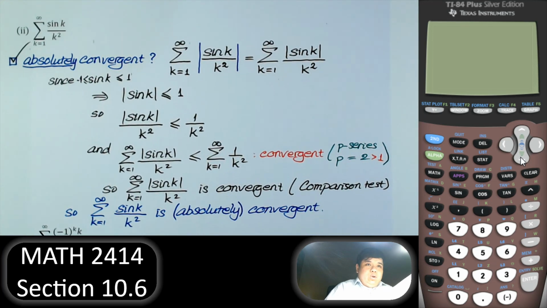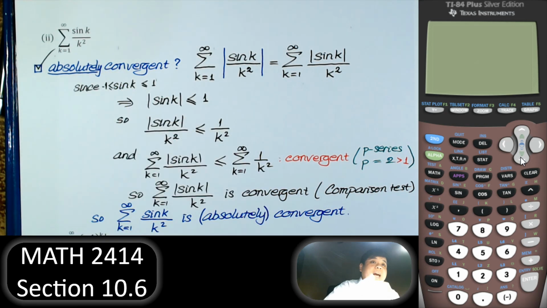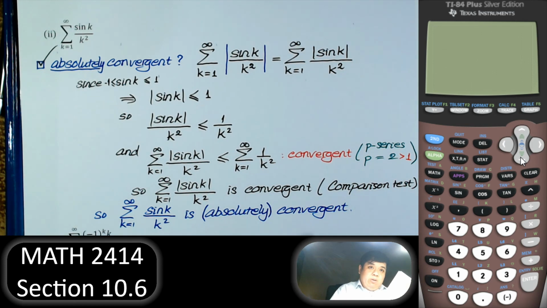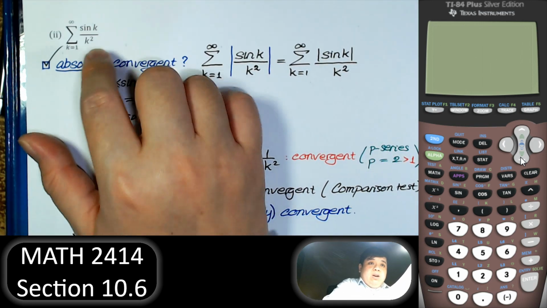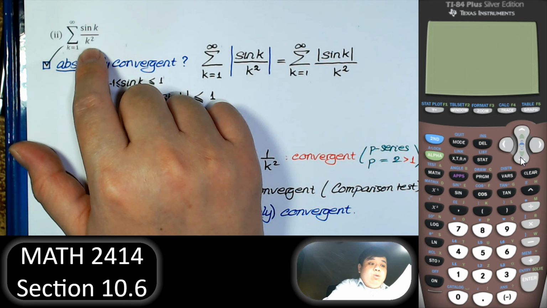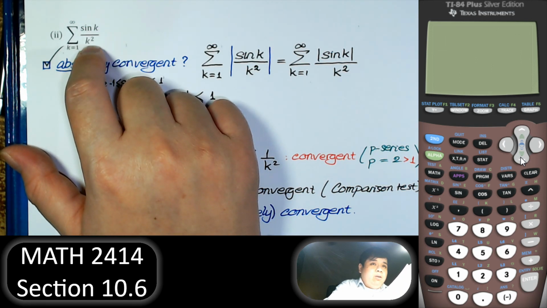Sometimes you see this question, they don't ask for conditionally or absolutely, only for convergent or divergent. We can even just throw in the absolute values and then say whether it is convergent or divergent. The reason we throw in the absolute values is because most of the tests we learned up to this point only apply for positive terms, right?